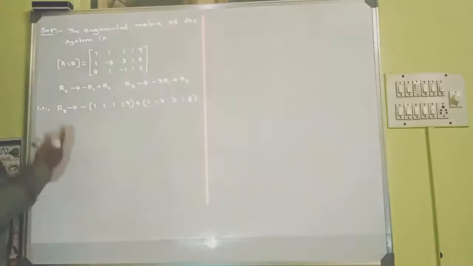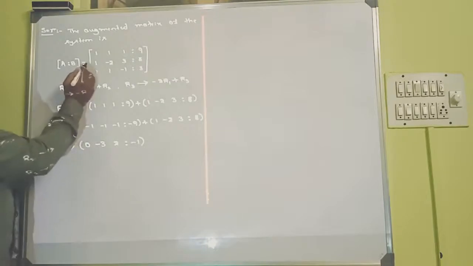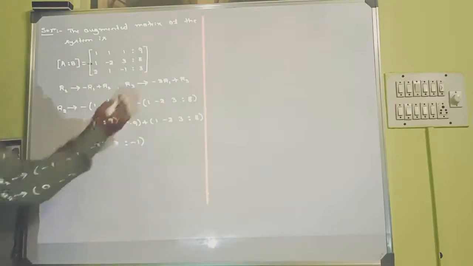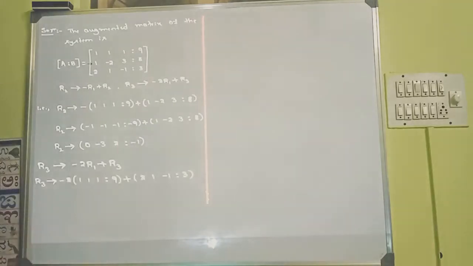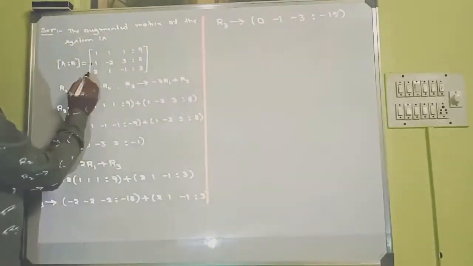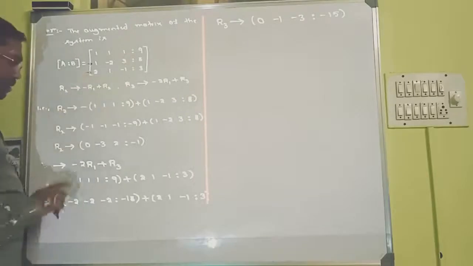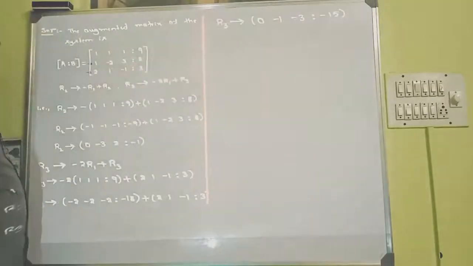If you simplify, you get new R2 as this, which has to be replaced in this place. Now let us simplify our R3, which gives new R3, which has to be replaced in this place. Now let us replace new R2 and new R3 in these two places.